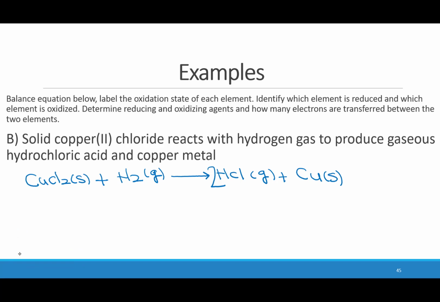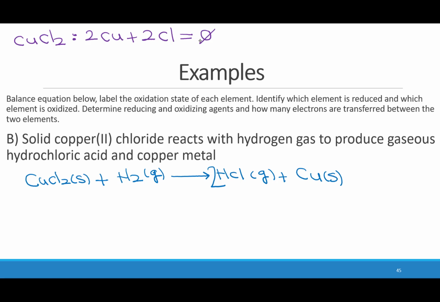For copper 2 chloride, you were already told its oxidation number is 2, but in case you could not do it, copper 2 chloride, then this compound consists of 2 copper plus 2 chlorine. It's a neutral charge compound, that's why the sum of charges has to be 0.